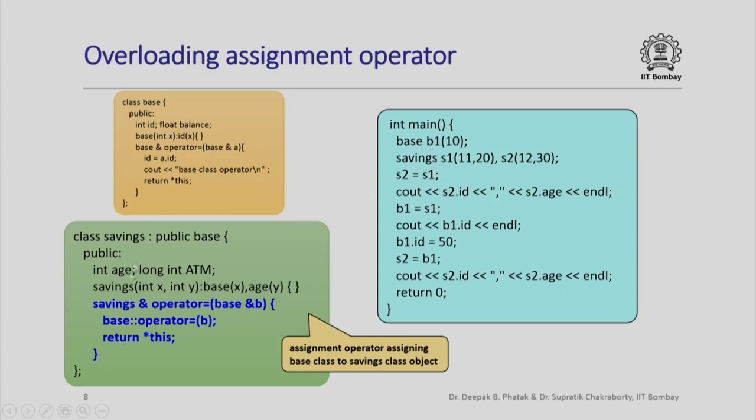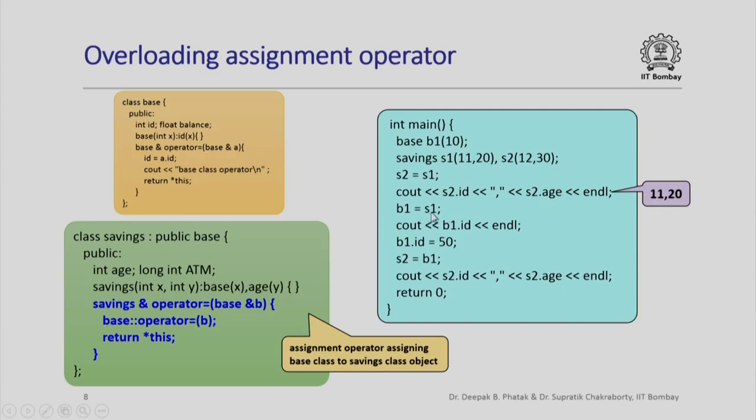So the default assignment operator of the savings class is going to copy all data members of S1 to the corresponding data members of S2. So when I print S2.id and S2.age, I will really get the corresponding values for S1, which is 11, 20.